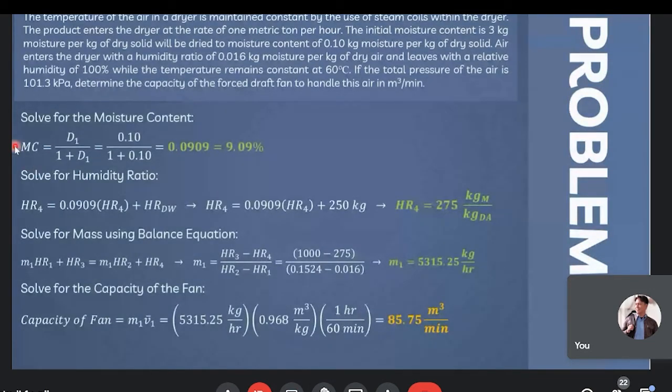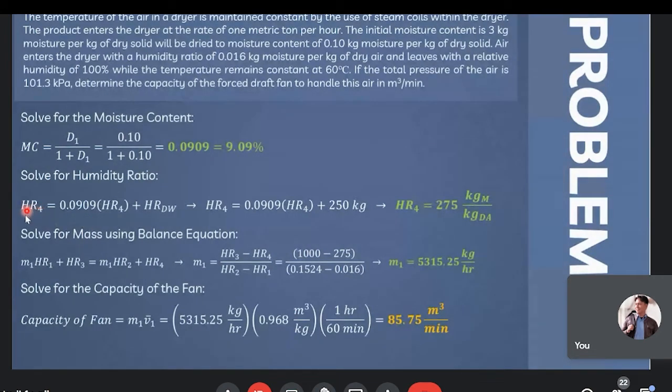So solving for the moisture content, itong formula, given din naman to. So yung D sub 1 natin is equal to 0.10%. Ito yung hinahanap natin, ito yung final moisture content natin per kilogram of dry solid. Since 1% yung moisture natin originally, so plus 0.10 lang tayo. So yung moisture content natin is equivalent to 9.09%. So, solve for humidity ratio.